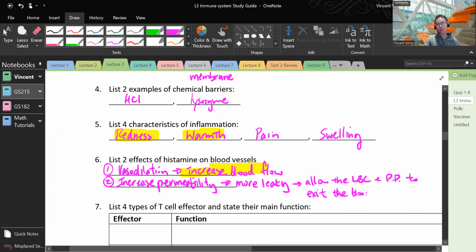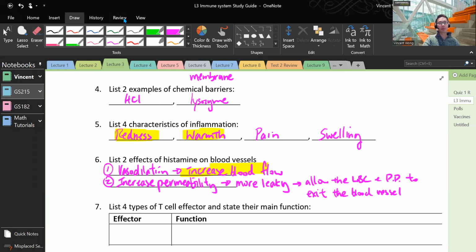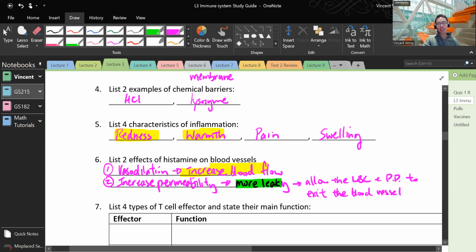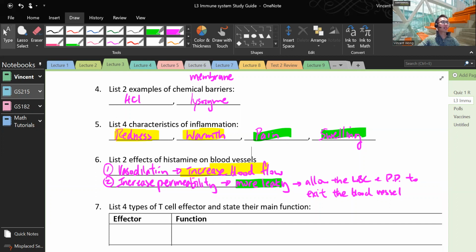No point to bring them all to the location and they cannot squeeze out from the blood vessel, right? So you must also increase the permeability. This increase in leakiness will also cause fluid to leak from the vessel, causing it to swell up, and all that excess fluid is going to be pressing on those nerve endings you have in the tissue, resulting in pain. All right? So that is that.